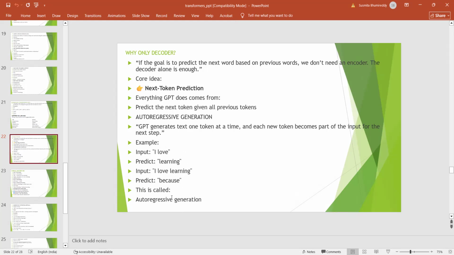So this is called auto-regressive generation: based on the previous words, generate the future words, the next word, using one token at a time. It should generate only one token at a time. This is called auto-regressive generation.